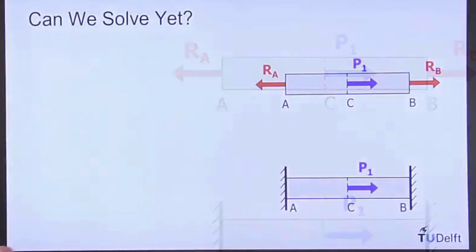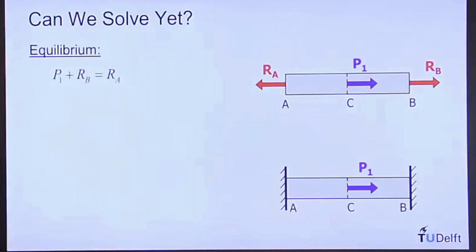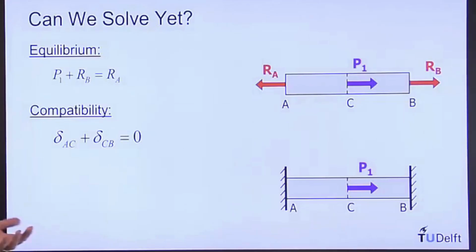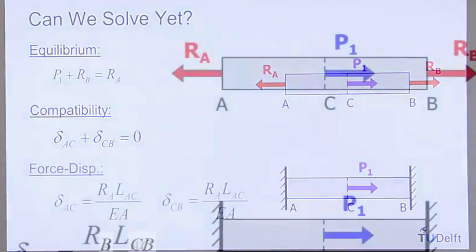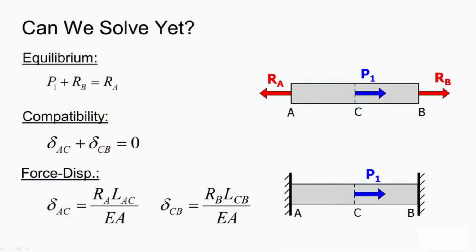With these additional equations, can we actually solve? Well, we started off with our equilibrium equation, which was one equation with the two unknowns, RB and RA. We came up with a compatibility equation that actually introduced two additional unknowns, delta AC and delta CB. So now we have four unknowns and two equations. But then we also have two additional force displacement relationships, and they don't introduce any new unknowns.